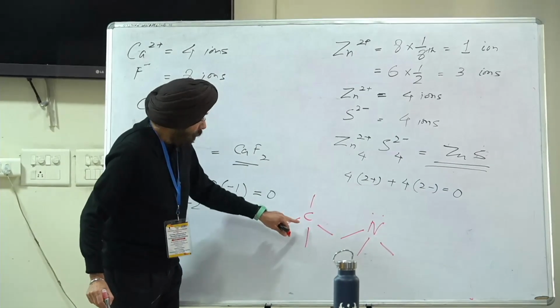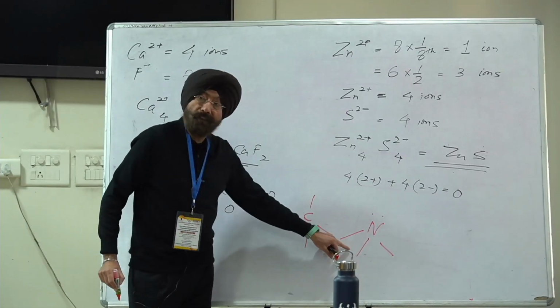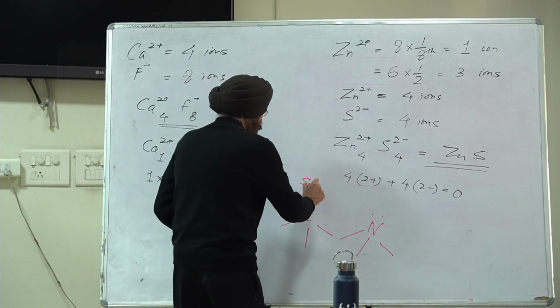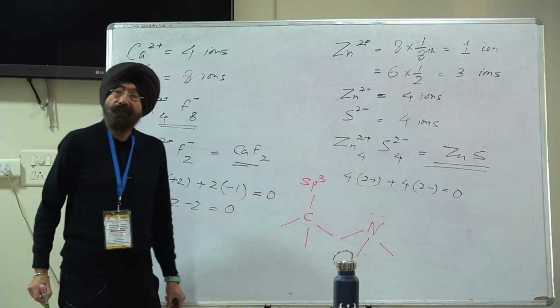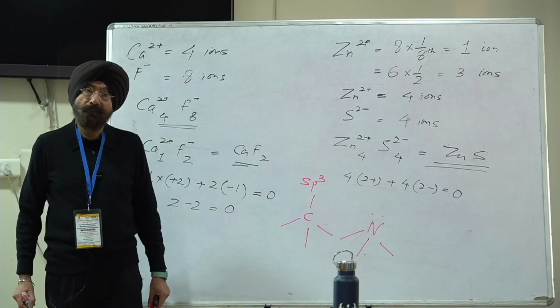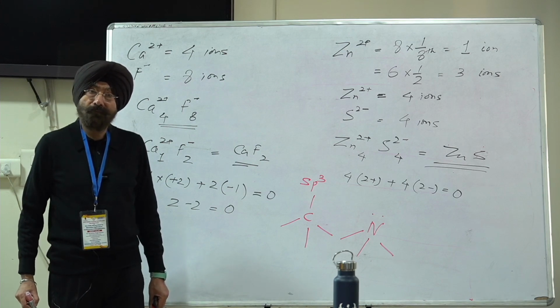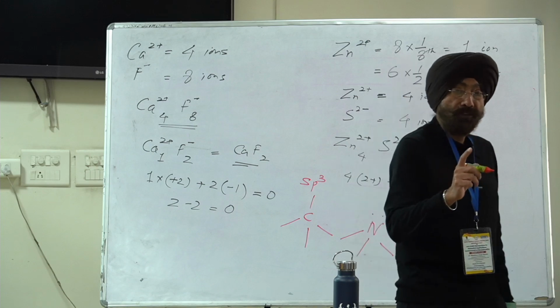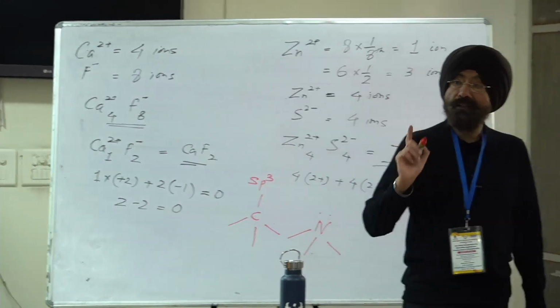Okay, this is methane, this is ammonia. What is the geometry for methane? What is it for ammonia? No, I'm saying what is the bonding structure, the Lewis structure, for ammonia?